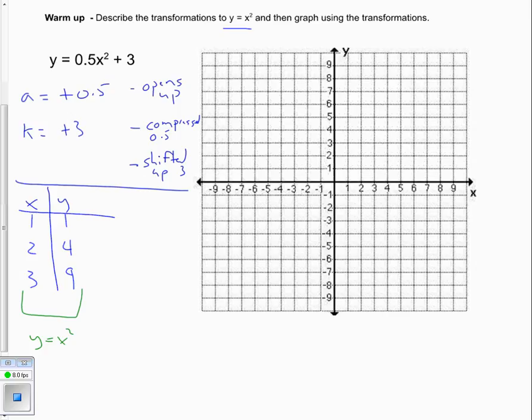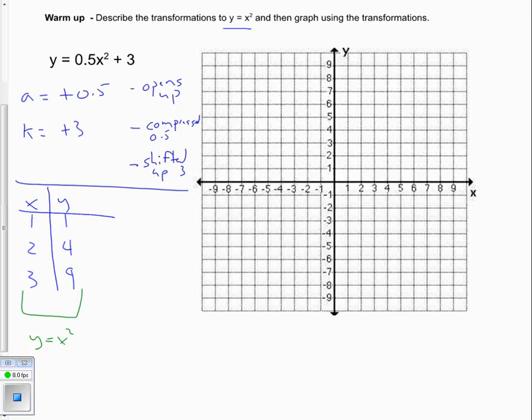Using the step pattern chart, we can figure out what the new value of y is. Because the a value is not positive 1, we need to adjust the shape of this parabola. Because it's 0.5, we know that it's compressed. It's still opening up, but it is definitely compressed.